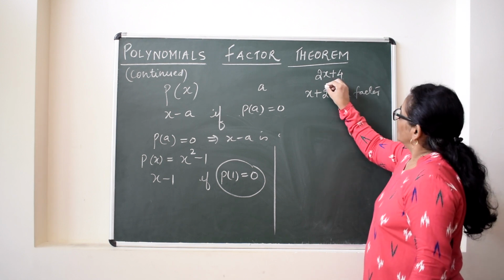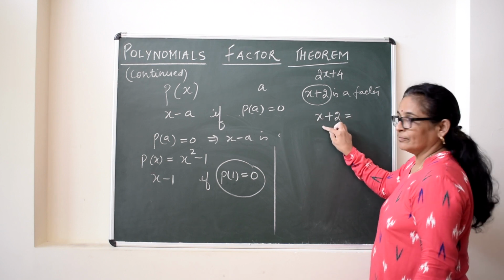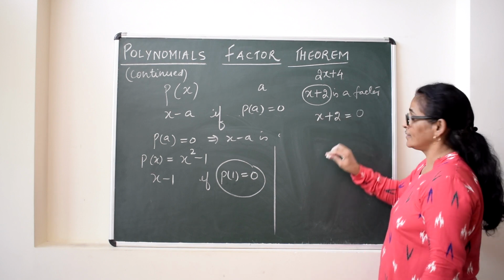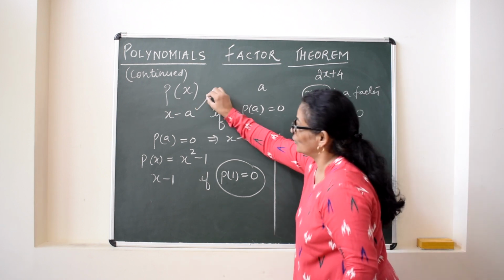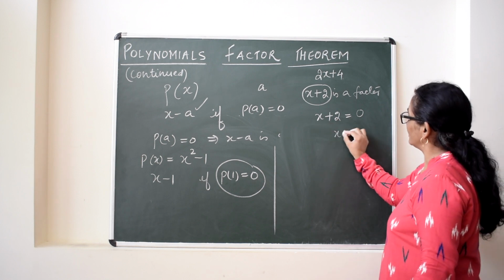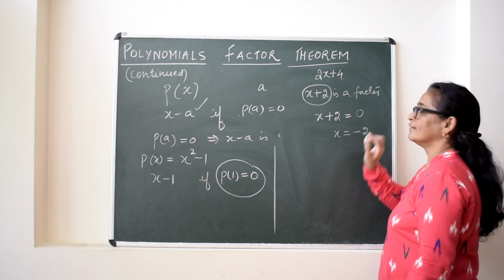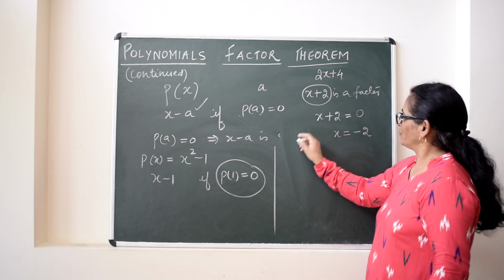So this given polynomial is acting as x minus a. What is the process? This will be equated to 0, which gives us the value of x. That value we will substitute and see.